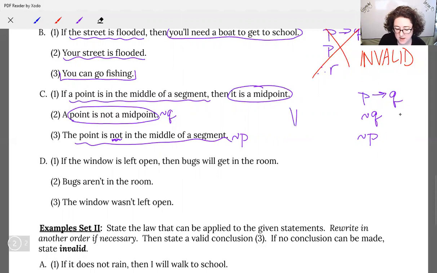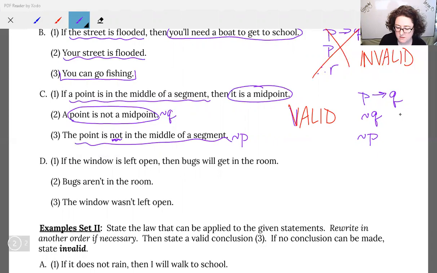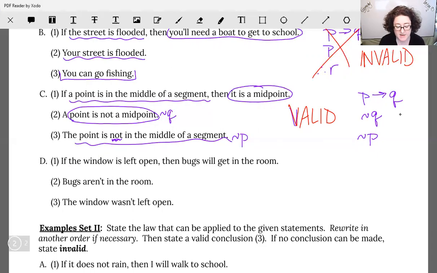So this is a, let's see, let me change my color. So this is a valid conclusion. Again, you're just trying to find where it is that we have that extra pattern.